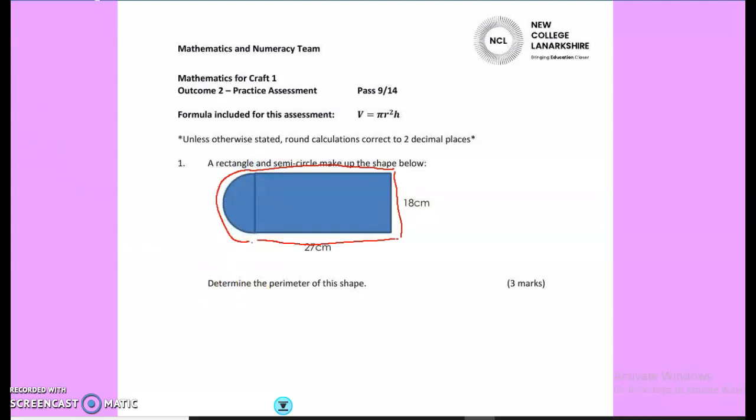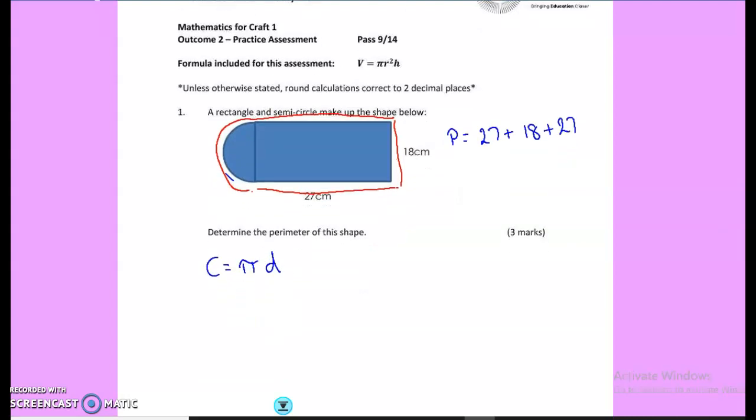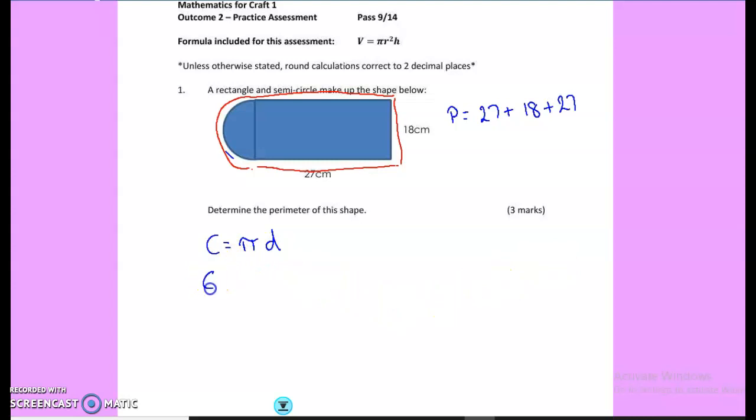Looking at the first part of that, the rectangle, it's quite straightforward. Along here is 27, up the side's 18, along that next side there's 27. The final part we need to work out is this curved part here. Now that's part of the circumference of the circle. To find the circumference of the circle, we're going to do C equals pi d.